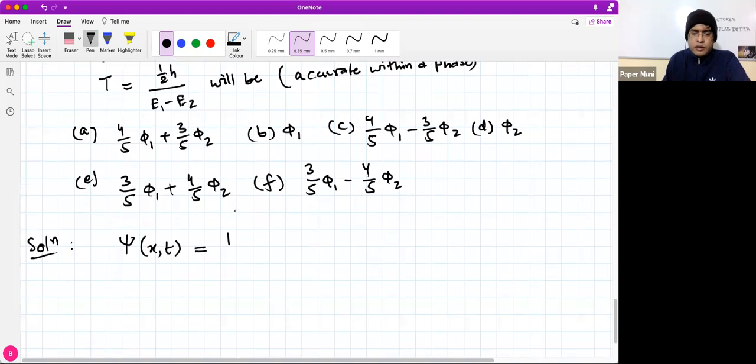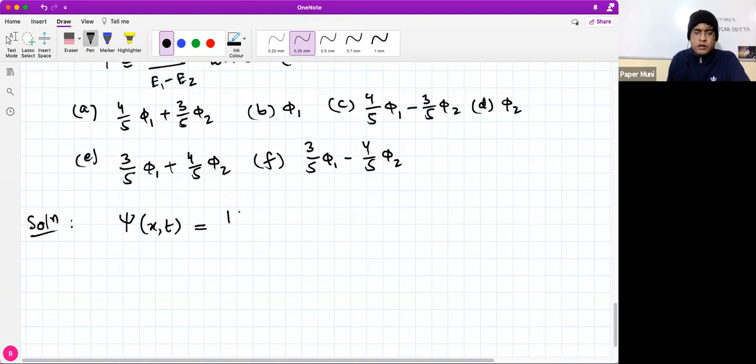So let's write down this thing first. We have been given that H operating on phi 1 is equal to E1 phi 1.